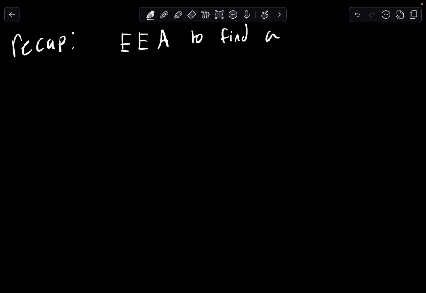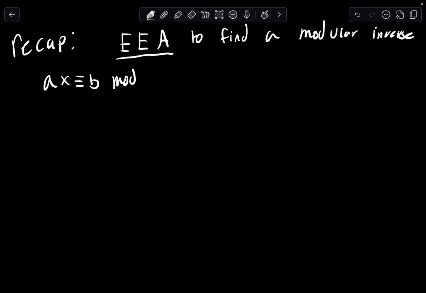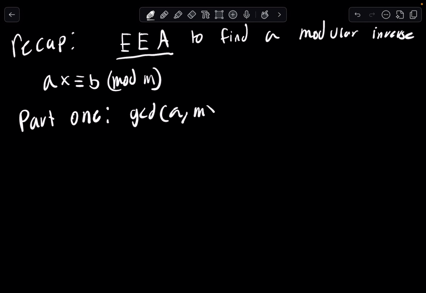Okay, to recap, we can use the extended Euclidean algorithm to find a modular inverse. We will use the extended Euclidean algorithm when our a and m values become too large to do guess and check to find the inverse, okay? And in the first part, we're just seeing that the GCD of a and m equals 1 in the extended Euclidean algorithm.